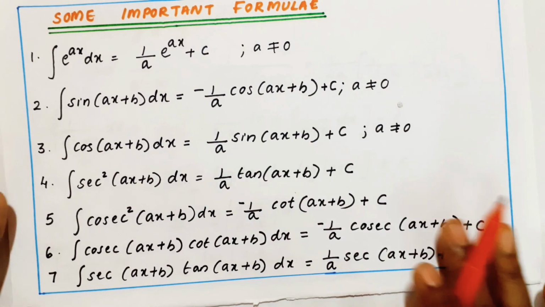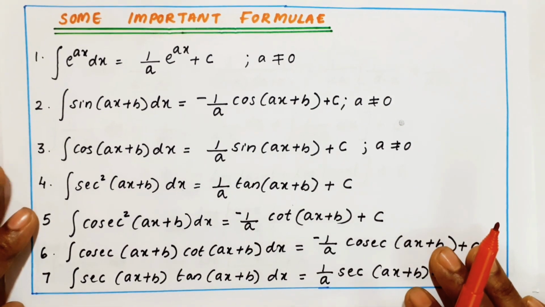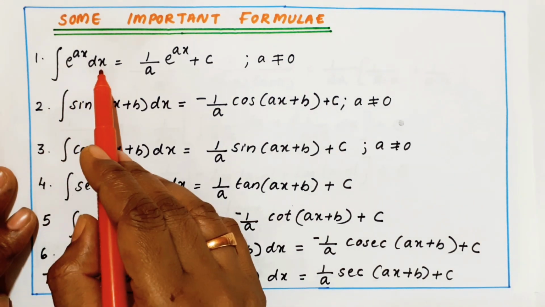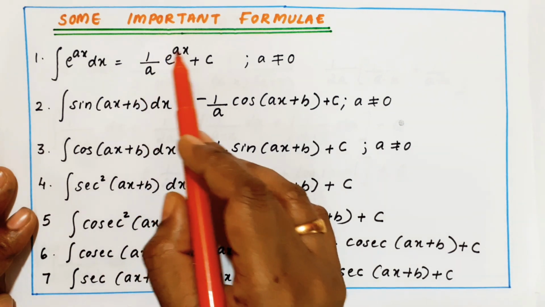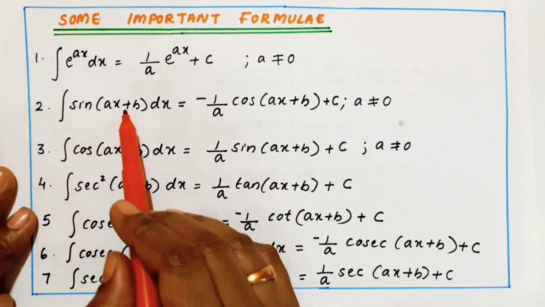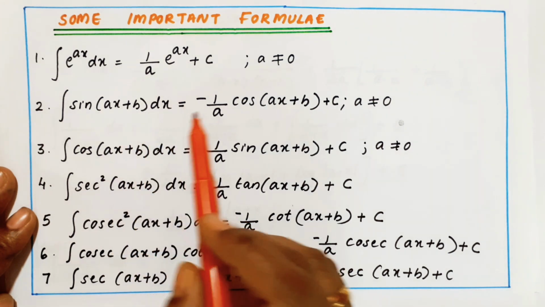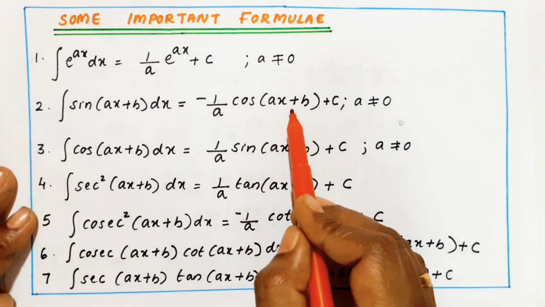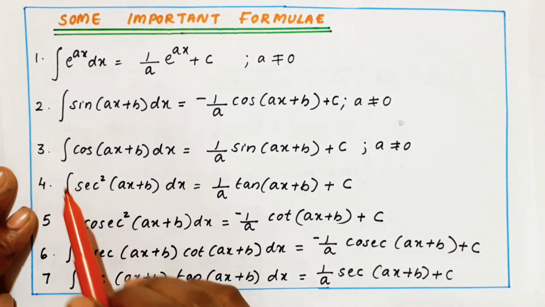Some more basic formulas I am writing: the integral of e to the power of ax dx is 1 by a e power ax plus c. The integral of sin(ax plus b) dx is minus 1 by a cos(ax plus b) plus c.